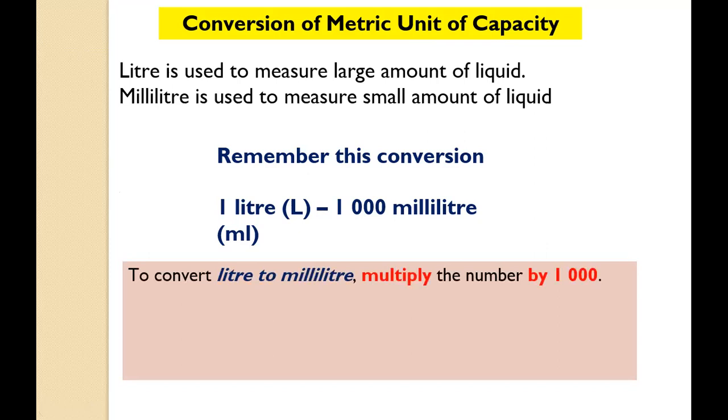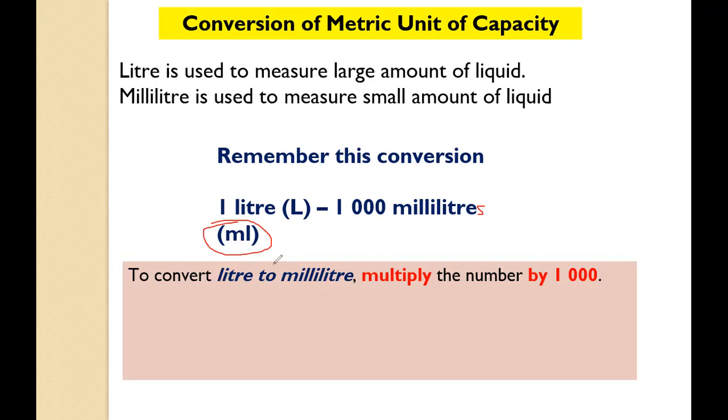To convert liters to milliliters, multiply the number by 1000. Why do we need to multiply? Because 1 liter is equivalent to 1000 milliliters.